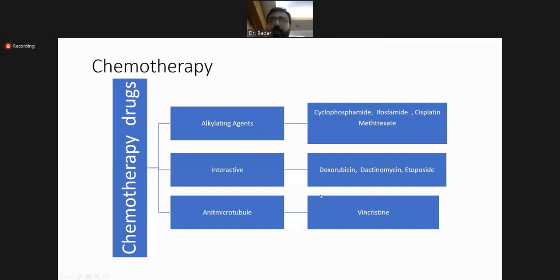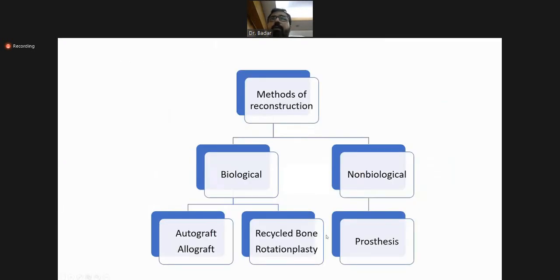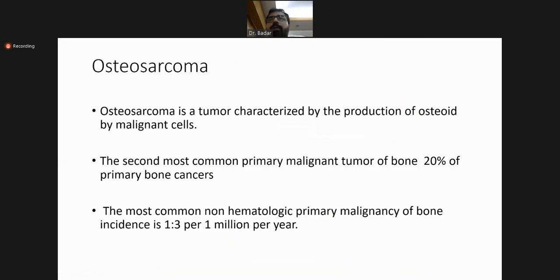These are the methods of reconstruction, biological and non-biological. Recycle means you cut the tumor bone, put it into liquid nitrogen, and after removing the tumor, reimplant it again. So that it becomes tumor free and you can use it. Recycling can be done with liquid nitrogen, autoclave, or pasteurization, different methods of doing recycling.